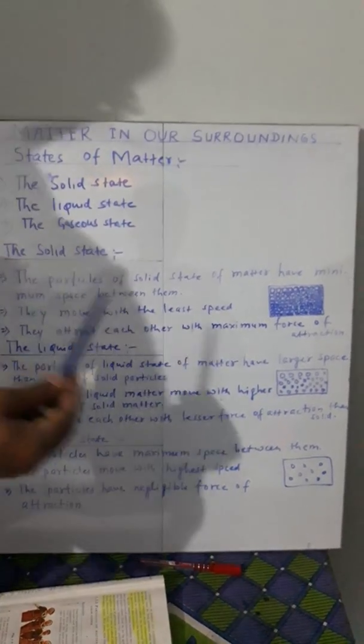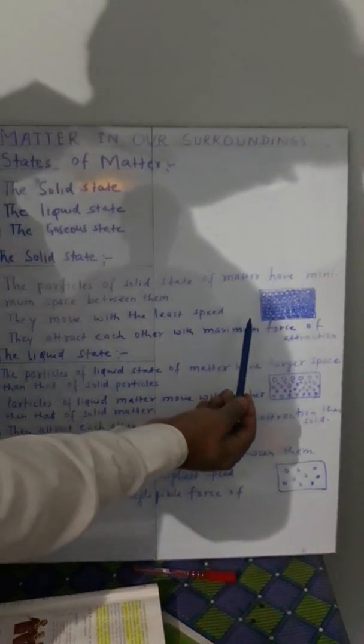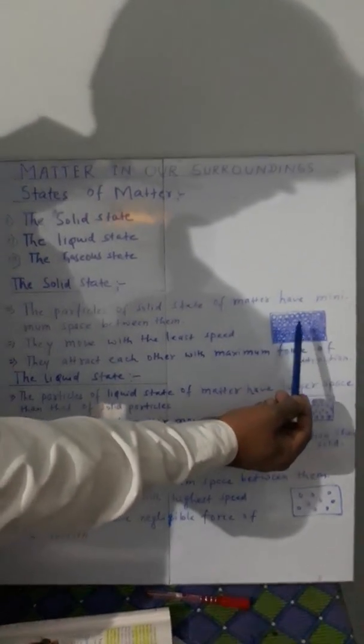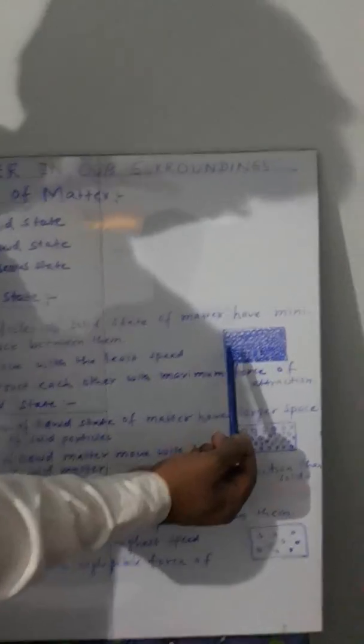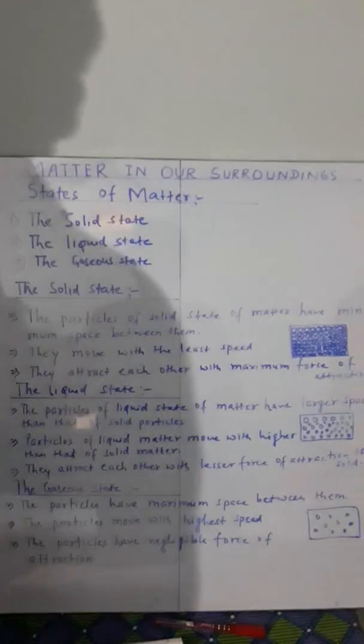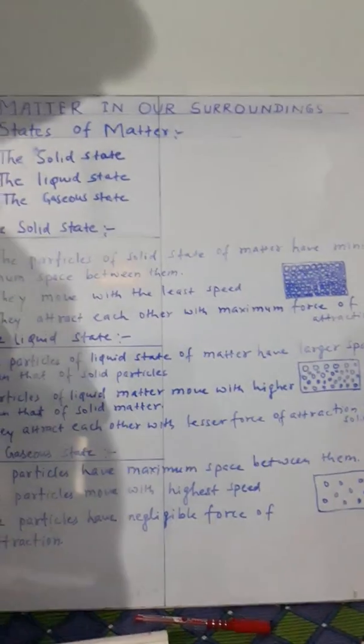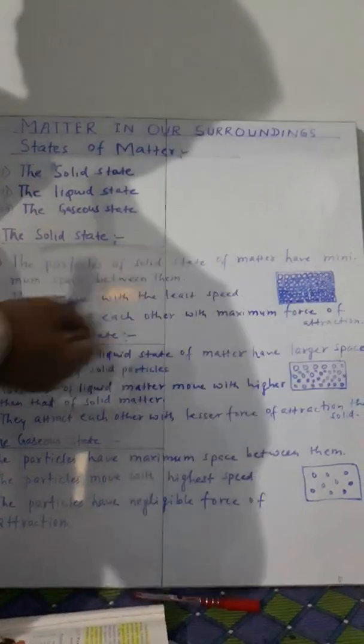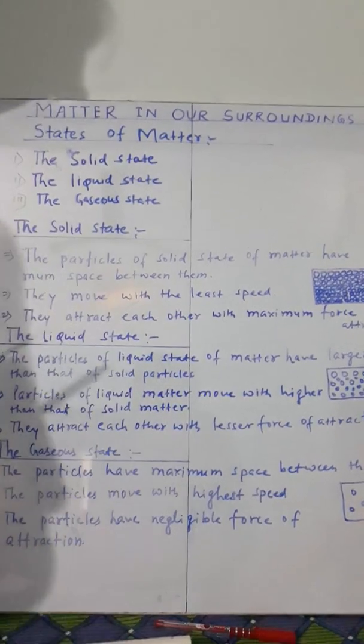I have made a simple diagram to show the arrangement of molecules in the solid state. They are very compact, meaning the particles are very close to each other. In the solid state, the particles of matter have minimum space between them.